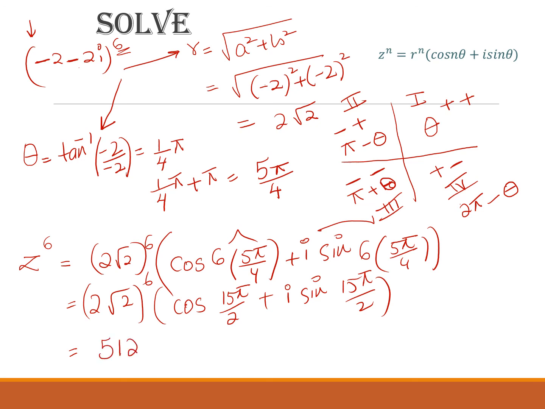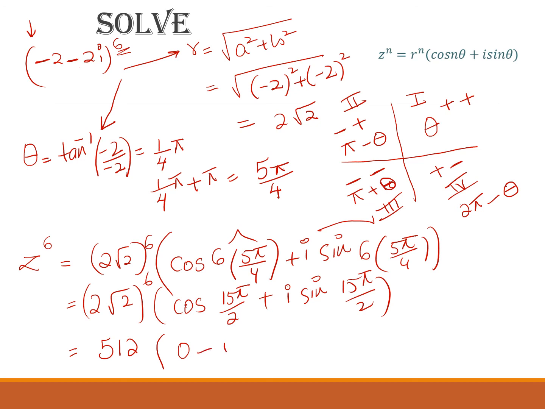Now write down cos 15 pi by 2. But as I said again and again, you have to make sure that your calculator is in radian mode. So cos 15 pi by 2 will give us 0, whereas iota, write the iota as it is, and sine 15 pi by 2 will give us negative 1.